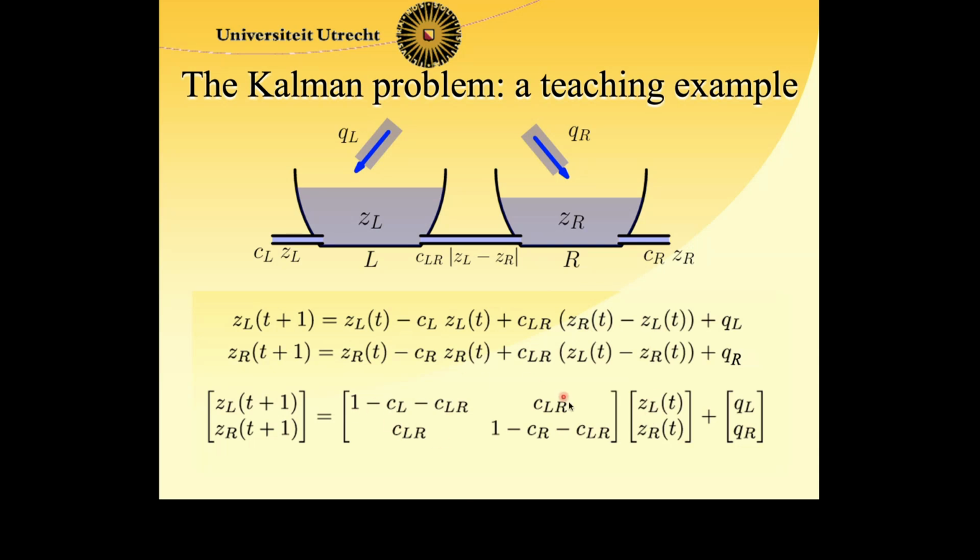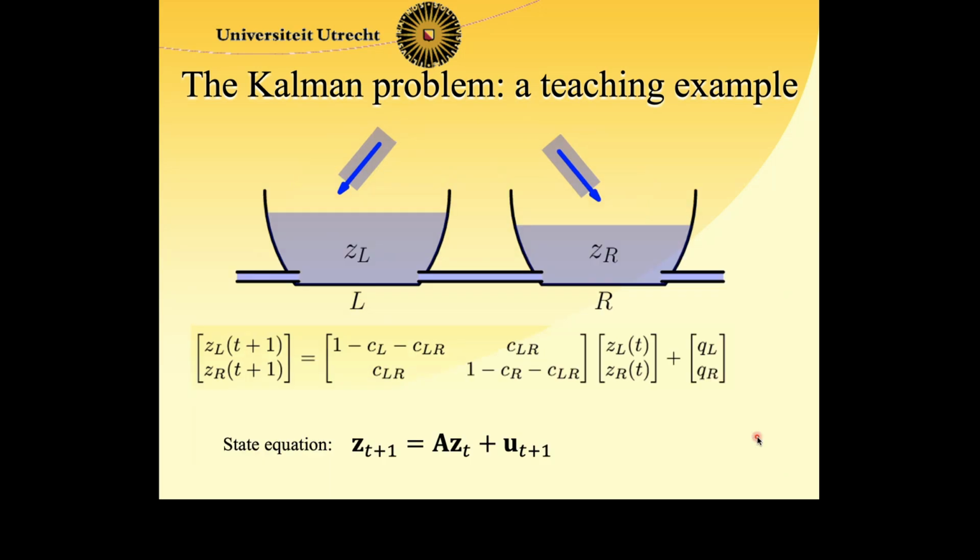We see that it's a matrix multiplication of this system matrix A times the state vector at the previous time step plus the input. So this is the state equation. In matrix vector notation, we have Z at T+1 is A times ZT plus the input U at T+1.